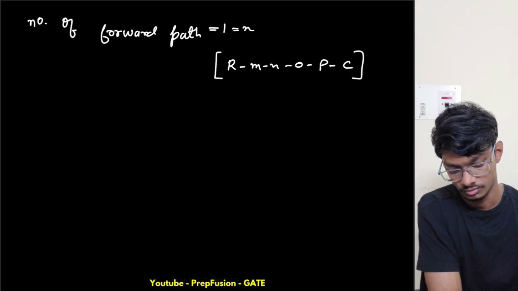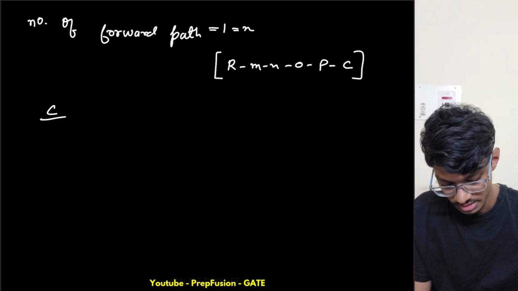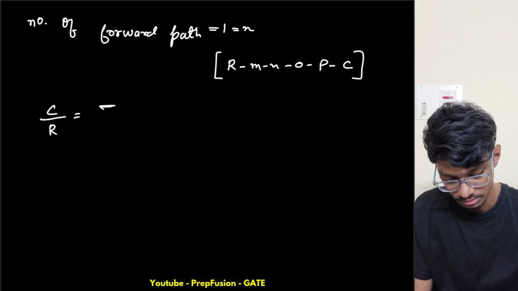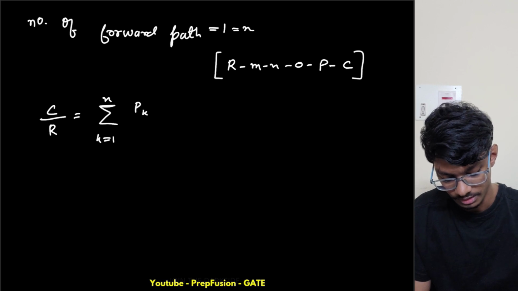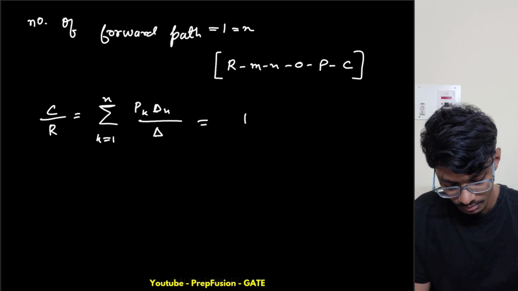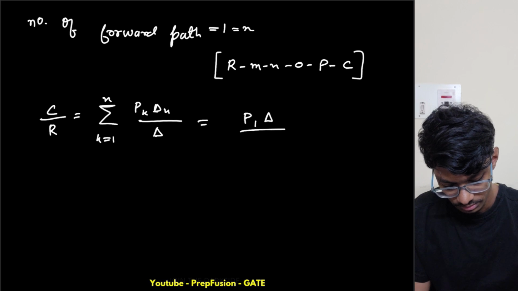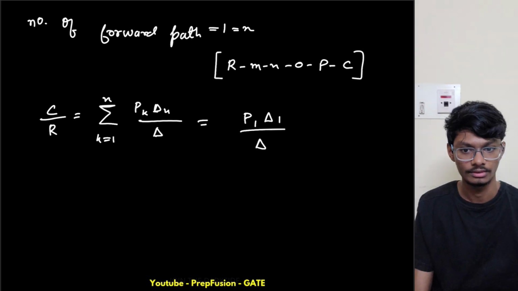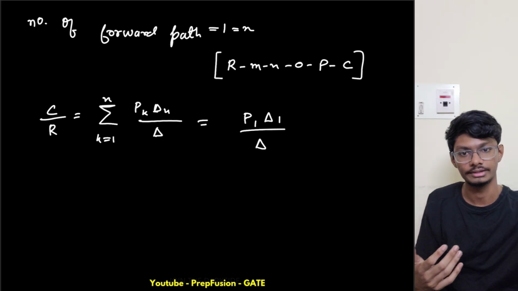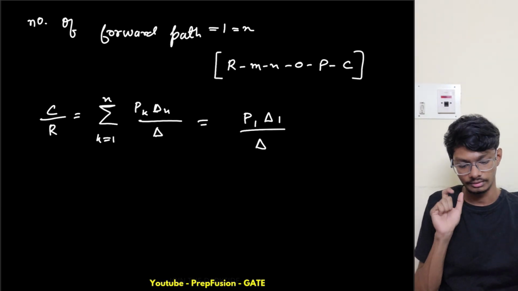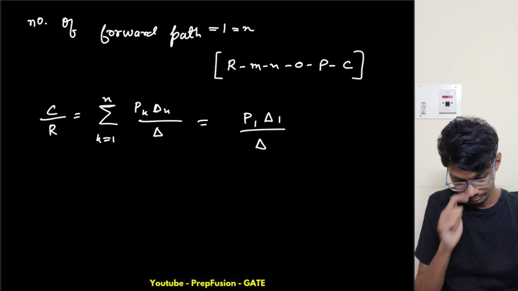How can I write the formula? Mason's formula is this one: summation for K equals 1 to N of Pk delta K by delta, which equals P1 delta 1 by delta. This is the formula. Now I will find the forward path gain.